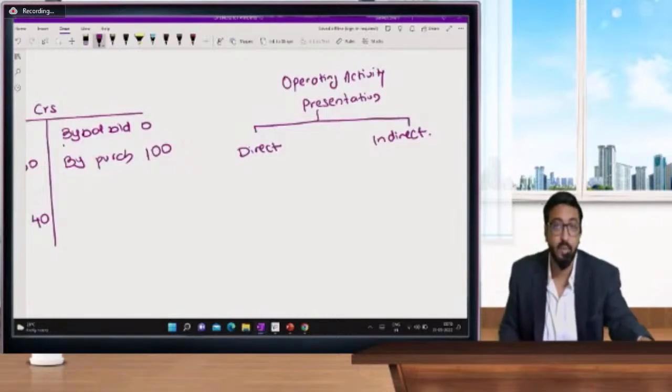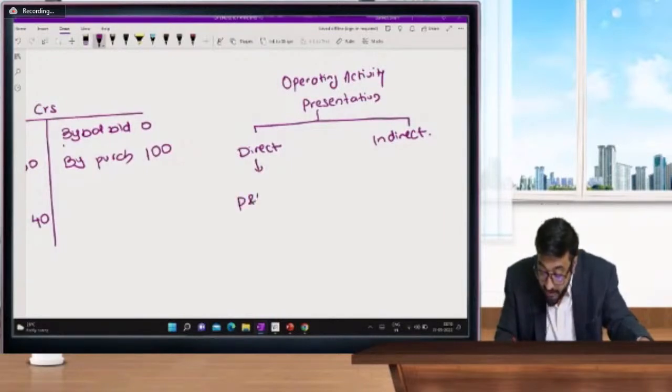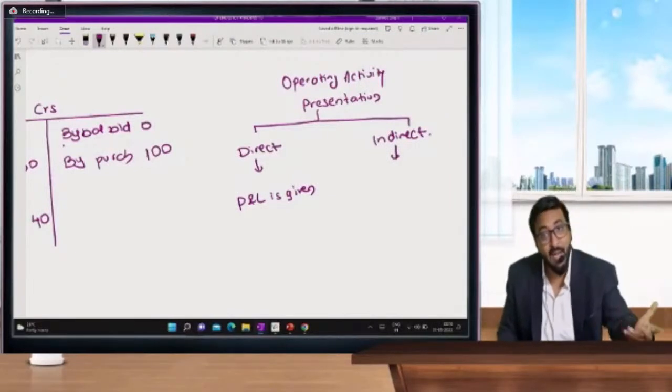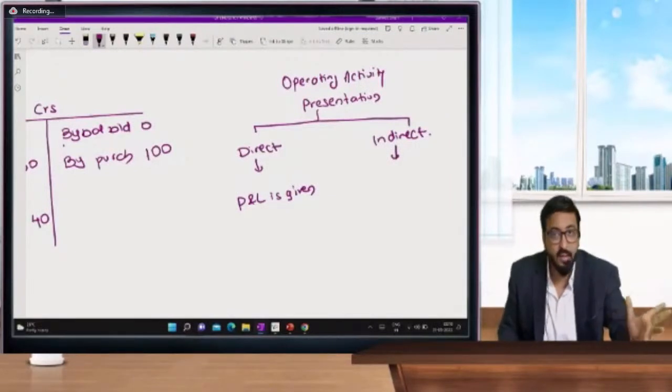Now, direct method means we route through profit and loss account when it is possible, when P&L is given. But indirect method, beta, though P&L is given or not given, it doesn't matter.